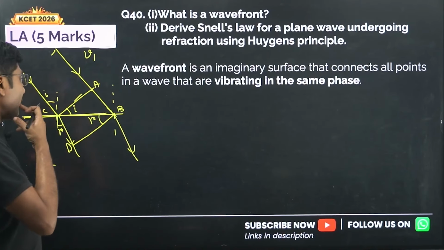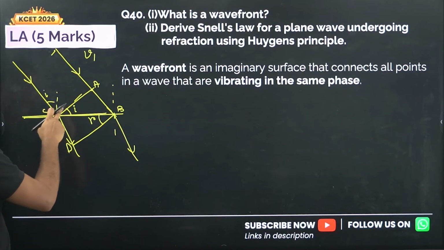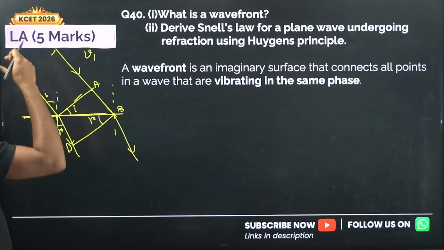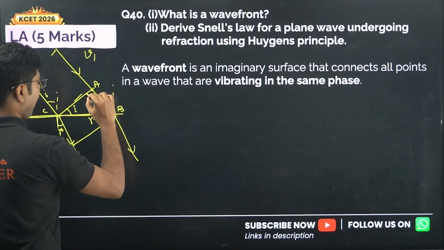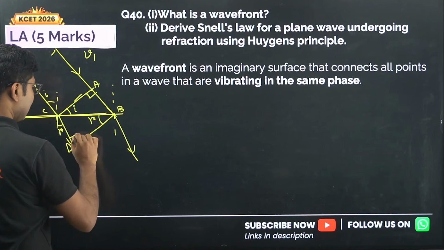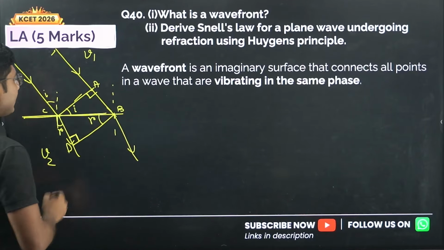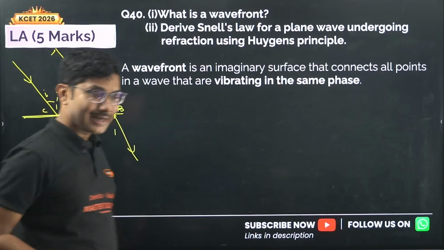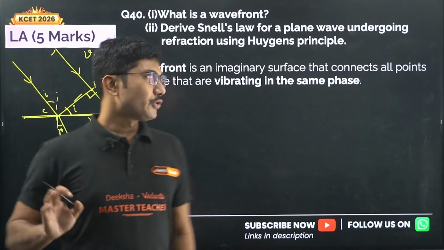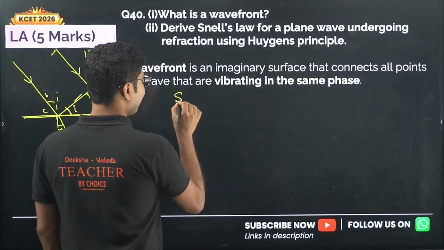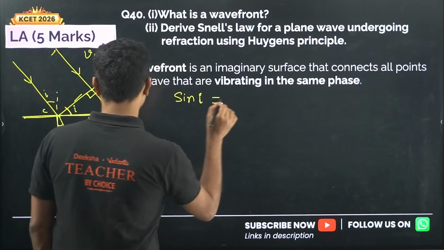Now first what we will be doing, we will consider this is I, this is R. Now this is the wavefront, that means this angle is 90 degrees. Similarly here this angle is 90 degrees as well. So first we will try to see what is sine I, because we know that in Snell's law it is the relationship between sine I and sine R. Sine I is given by here.